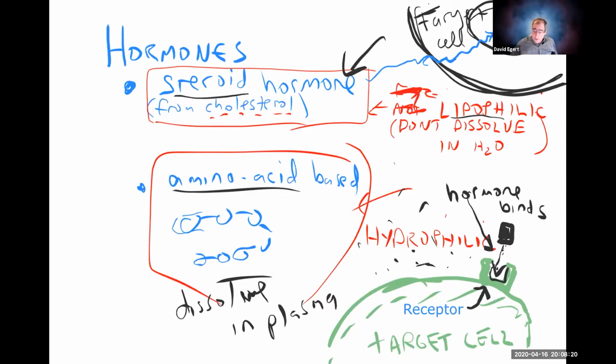And the receptors for these hormones, these steroid hormones, are often actually in the nucleus of the cell. So they're more likely to turn on or off protein transcription or cell regulation or things like that. So steroid hormones actually have receptors in the nucleus of the cell.